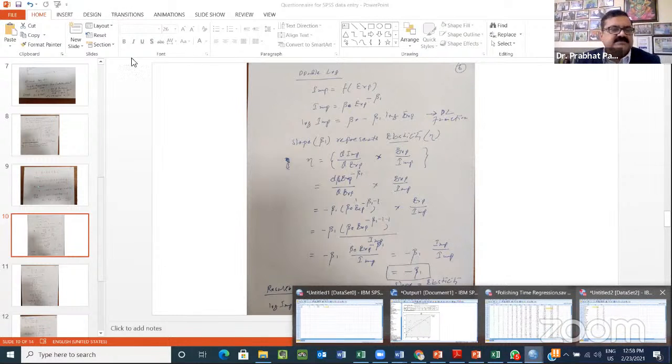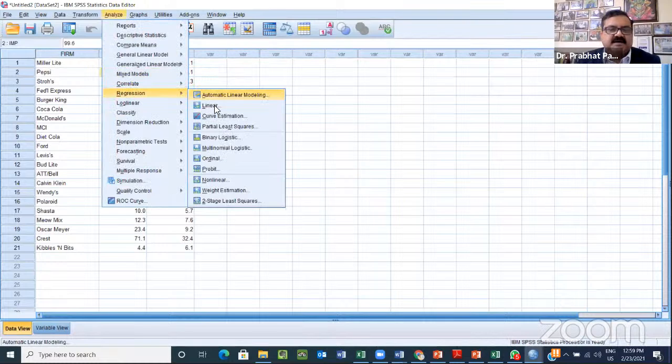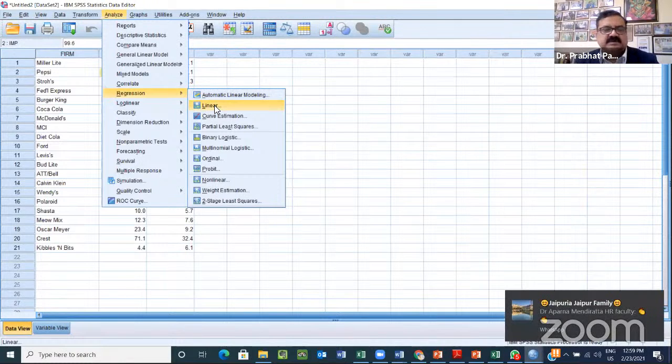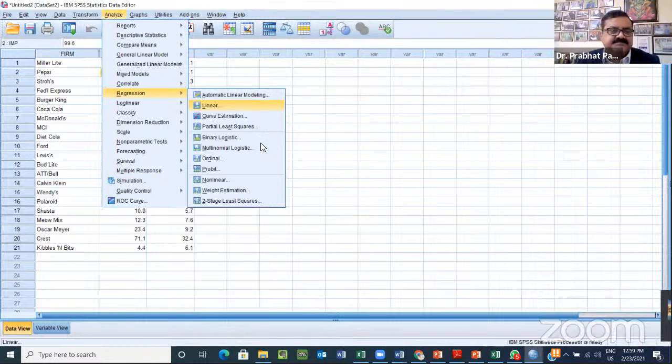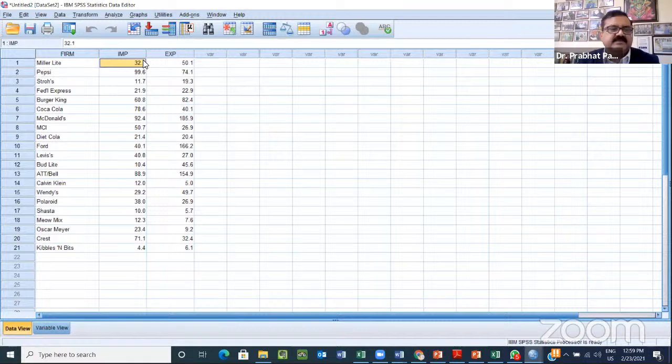So I'll just give you the calculation. You have to go to the regression, and maybe you can go to the curve estimation as well, or go to linear. If you go to linear, then you have to convert these two variables.